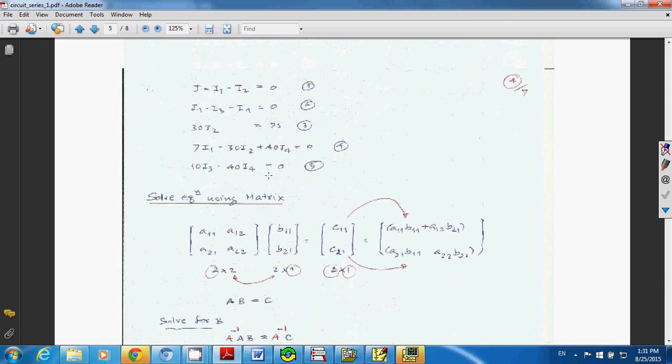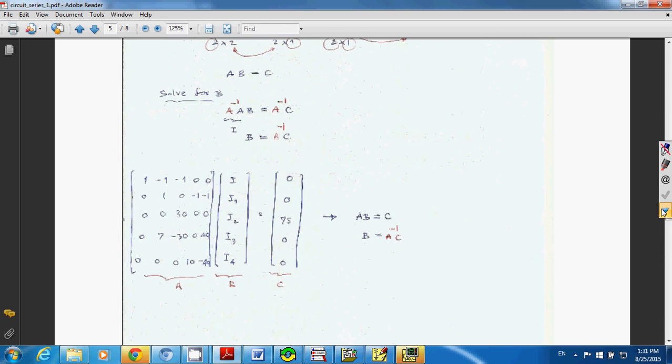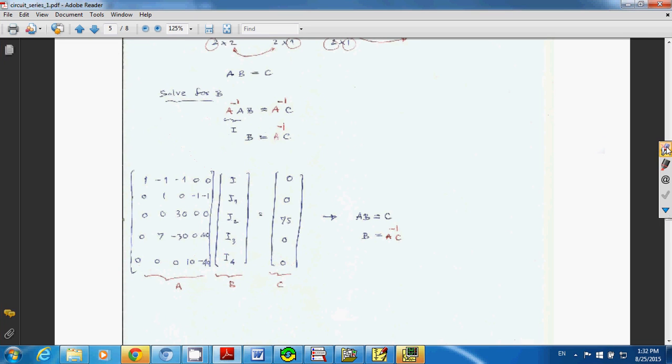Okay, let's take a look at equation number 5. 10I3 minus 40I4 equal to 0. This is my last equation. Here you have 10I3 minus 40I4 equal to 0, and you don't have I1 and I2, so that's why I put 0 here. Okay, hopefully you understand.